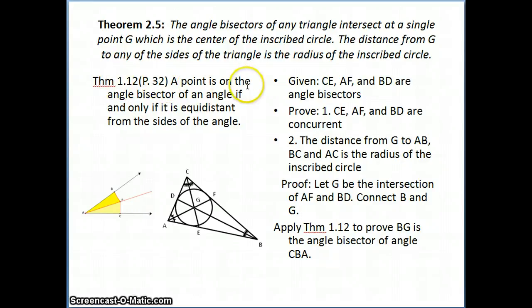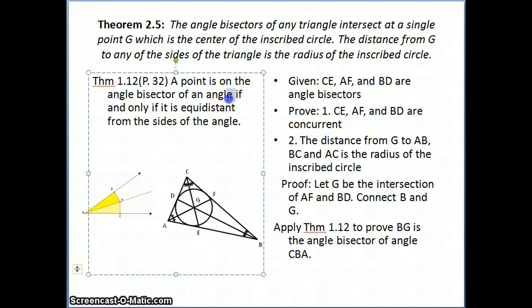A point is on the angle bisector of an angle if and only if it is equidistant from the sides of the angle. Because this is an if and only if condition, necessary and sufficient, if a point is on the angle bisector, then it is equidistant from the 2 sides of the angle.